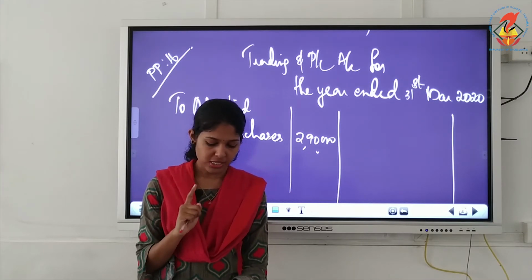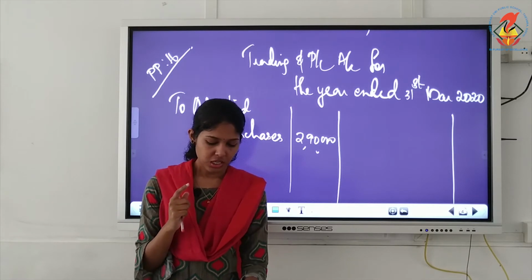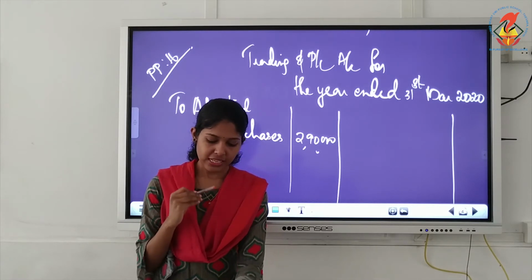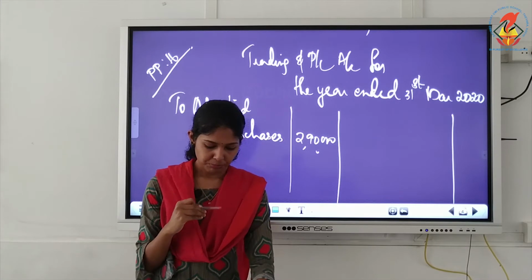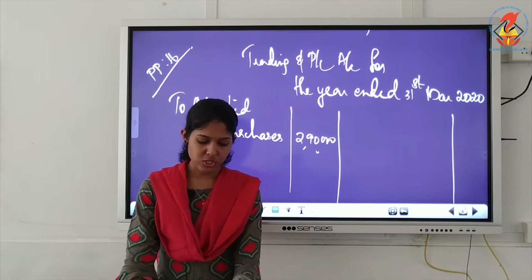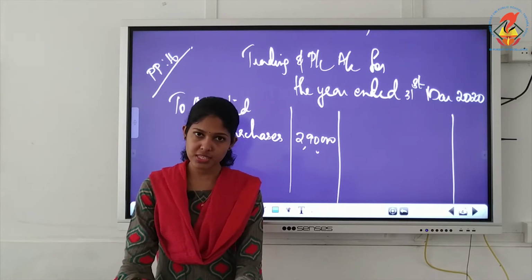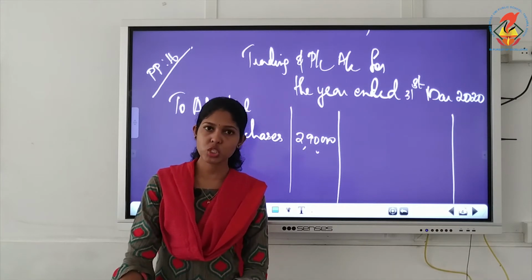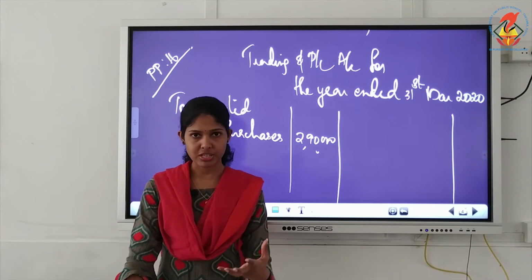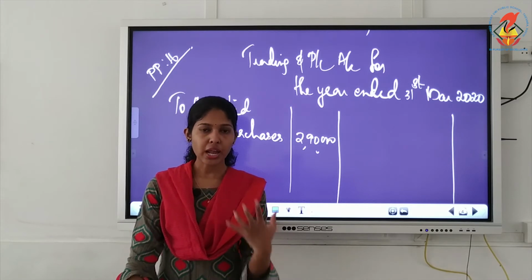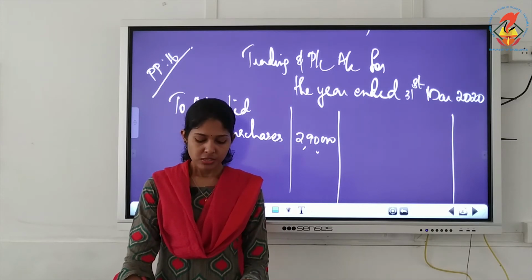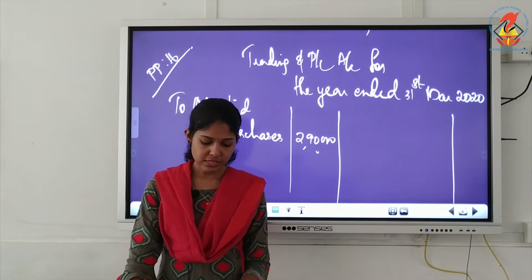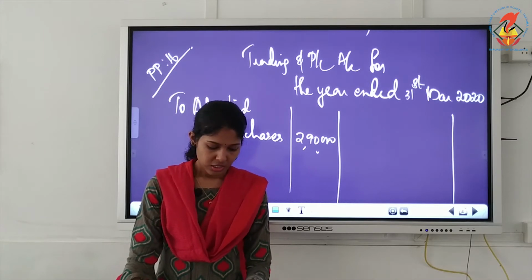Then the last one is provision on debtors. Here there is an existing provision. Did you see? There is an existing provision, but that is provision for depreciation on furniture. Here adjustment 5 is about provision for doubtful debts. Both are different. Understood? Both are entirely different items. So, here we have to put a tick mark against debtors.